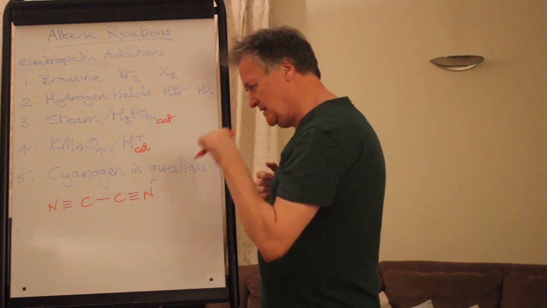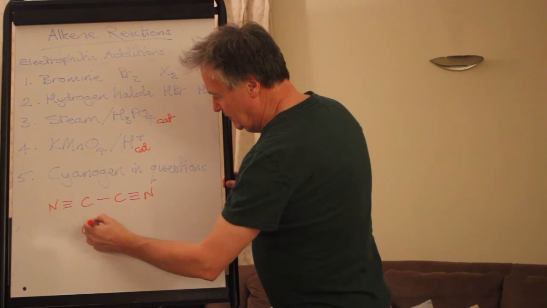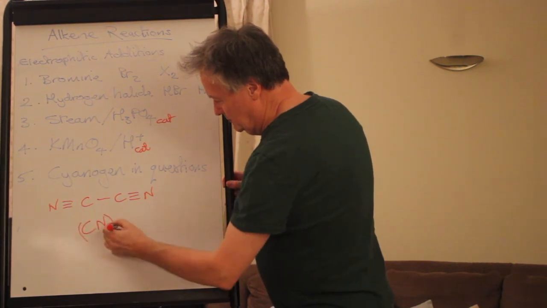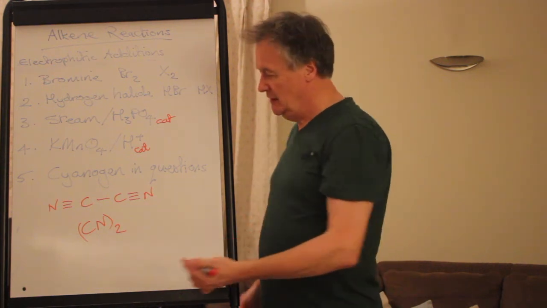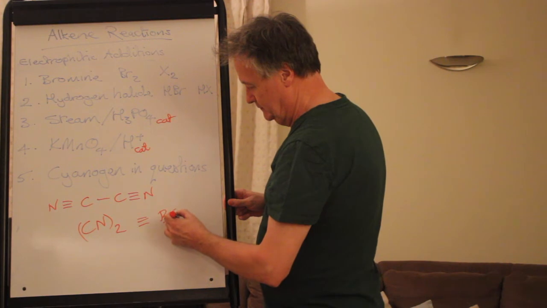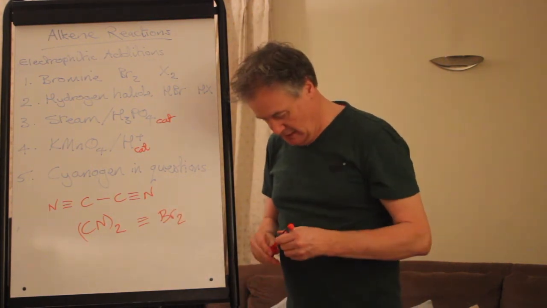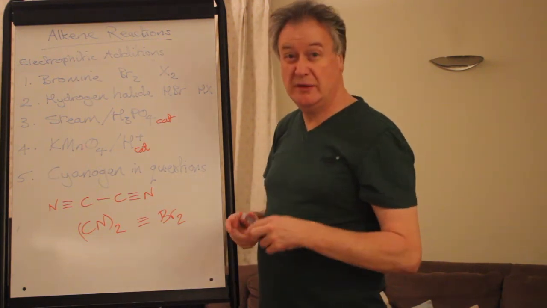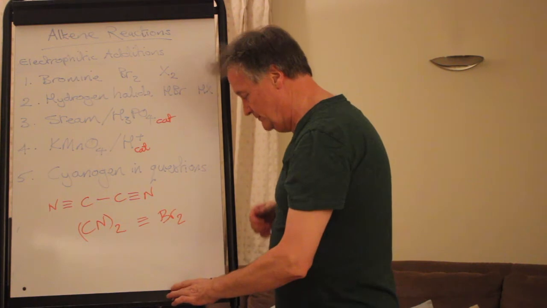But it doesn't mean that you don't see it once in a while in questions. So it's written like that in reactions, and that's equivalent to reacting like bromine. I've seen it a couple of times in questions, so I will mention that a little later.